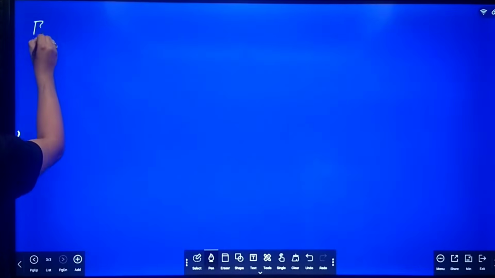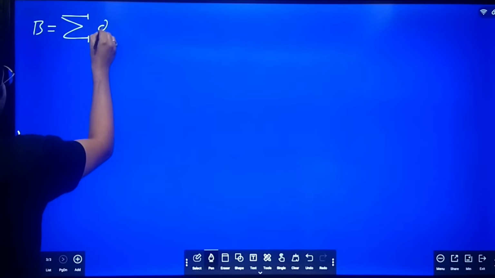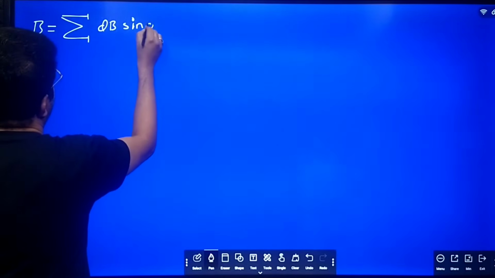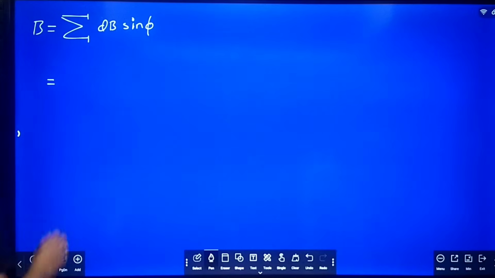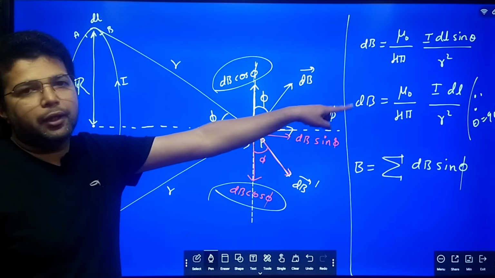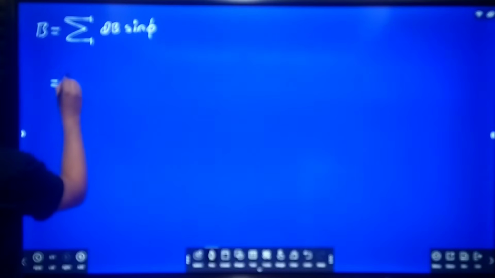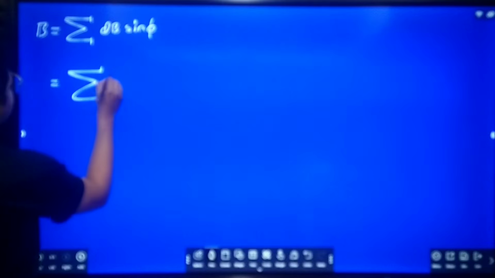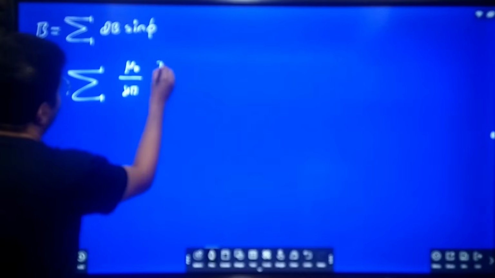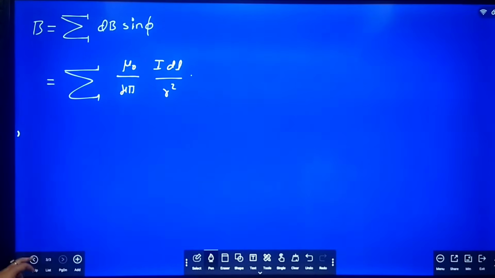B is equal to the summation of dB sin phi. But what is dB? dB is equal to mu naught by 4 pi into IDL by r square. Summation of dB means mu naught by 4 pi into IDL by r square into sin phi.